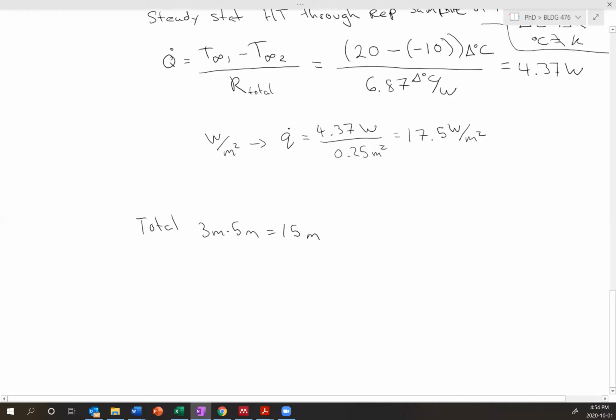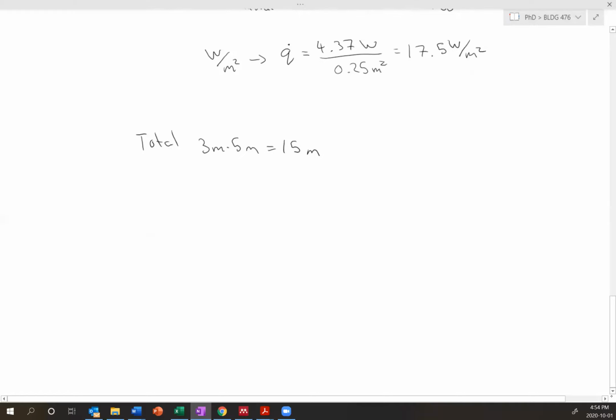And so this is kind of our more useful number. Then, since we have our total area, 15 meters squared, we can find our Q dot. And this is equal to 263 watts.